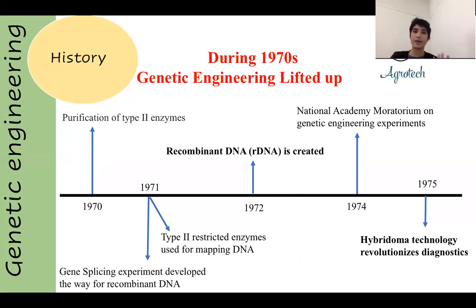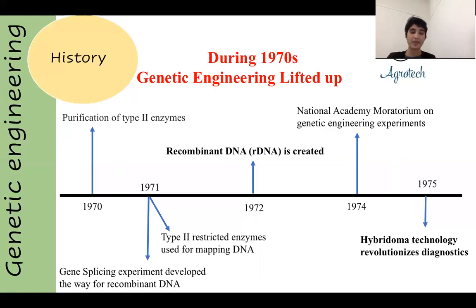Scientists identified type II restriction enzymes, for example HindII and BamHI. They purified these enzymes, and in the same era scientists developed gene splicing experiments to make recombinant DNA.